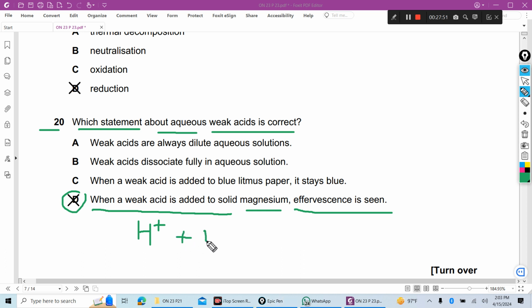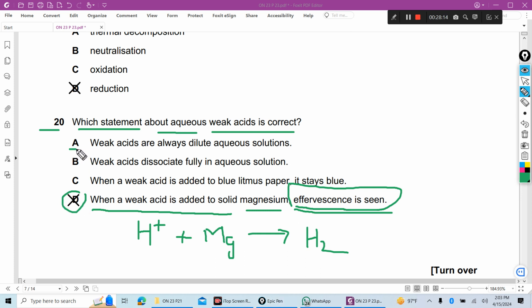Hydrogen ion reacts with metal to produce hydrogen gas. For hydrogen gas, effervescence is seen. So when a weak acid is added to solid magnesium, effervescence is seen. D is the right answer.